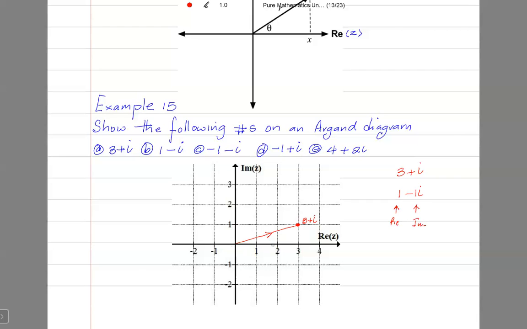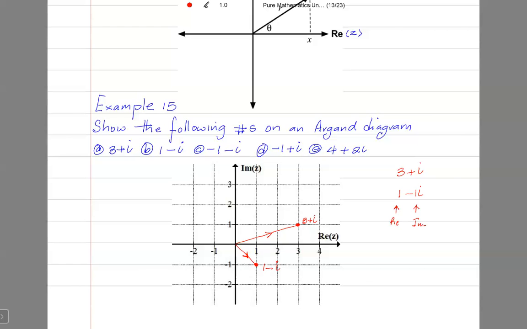So real is x equals 1, and imaginary y equals minus 1. This would be the point, and this would be the complex number represented as a vector. This is the complex number 1 minus i.